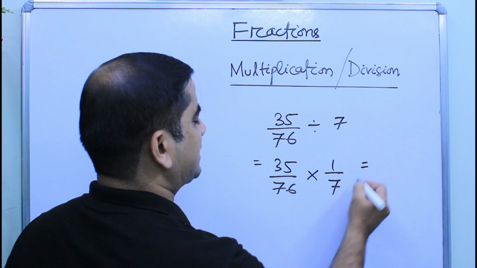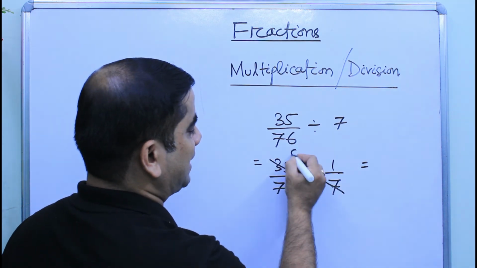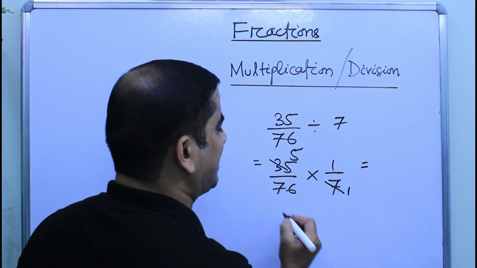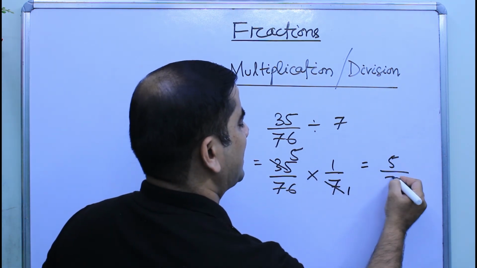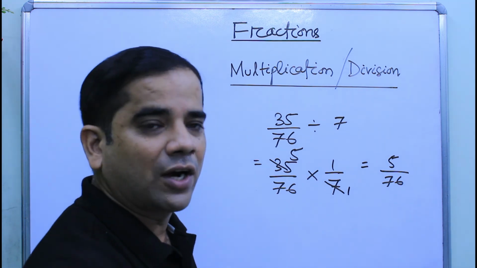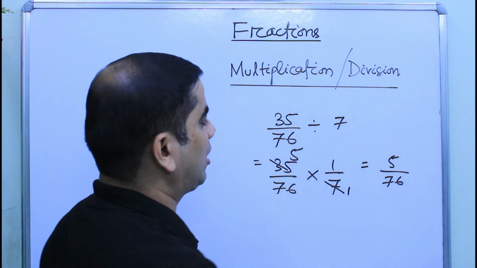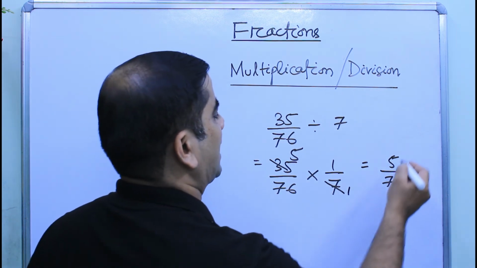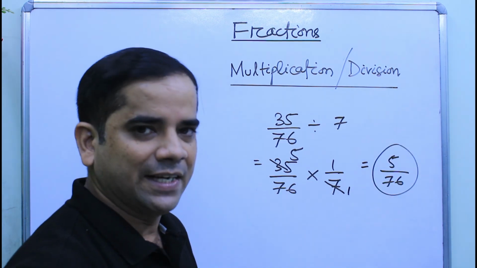So 7 5s are 35, 7 1s are 7, 76 1s are 76. So 5 by 76. We cannot reduce this fraction more because 76 is not divisible by 5. So the final answer is 5 by 76.